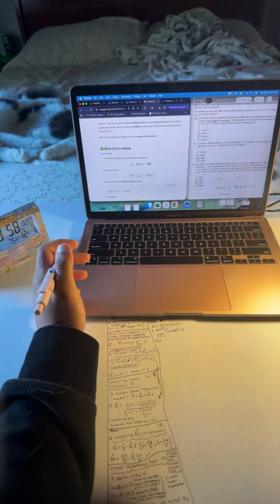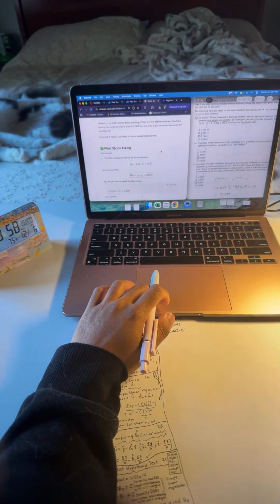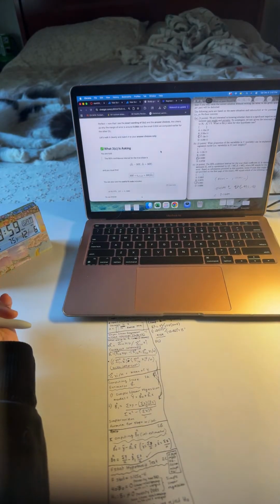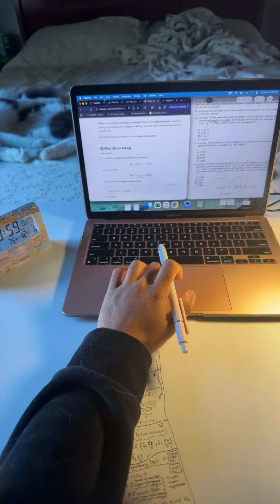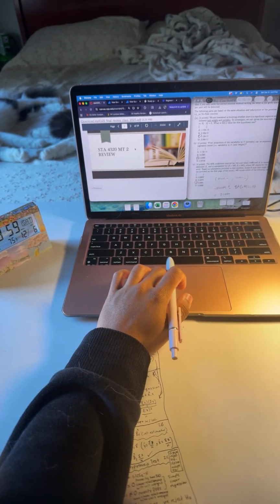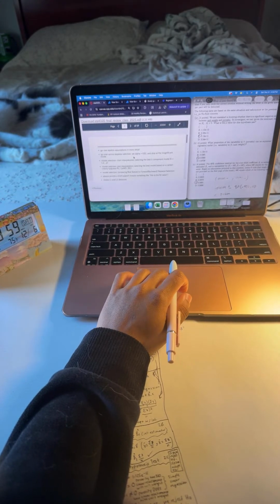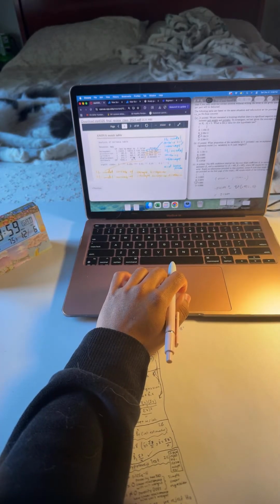Which exams? Oh, this is for regression analysis. So it's like the final of the entire course, and I don't know where to start studying. So he did go over 19 slides. This is midterm 2 review, but it's actually for the final review. He said he showed everything that's going to be on the exam here.